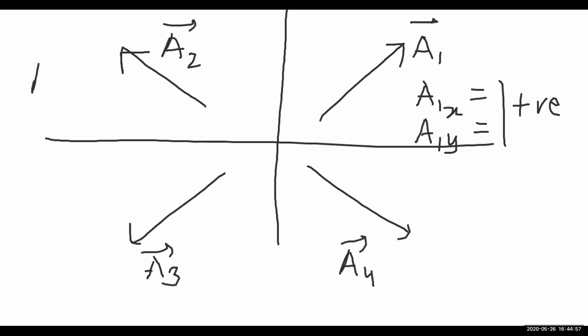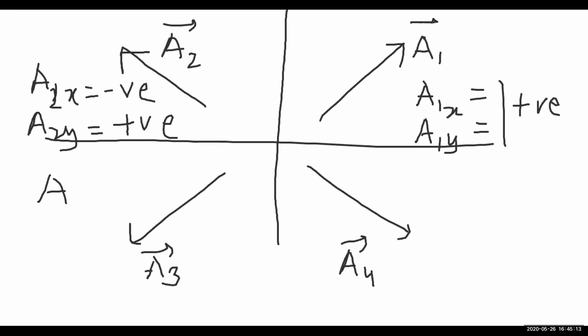For a2, the x component will be negative whereas the y component will be positive. Here both the x component and the y component will be negative.